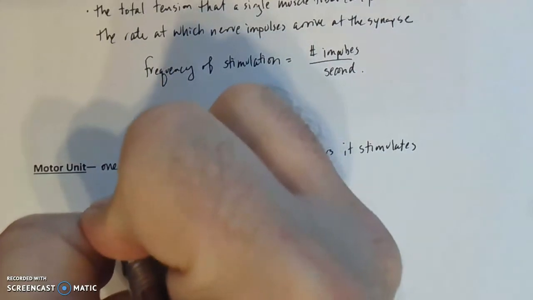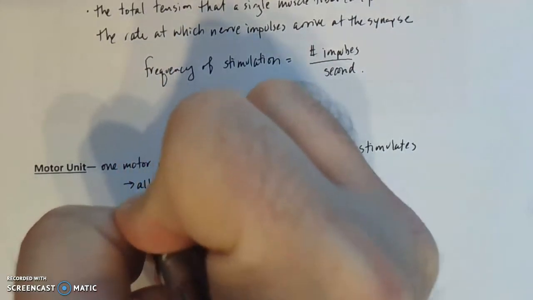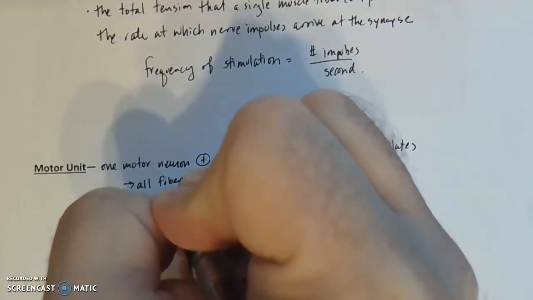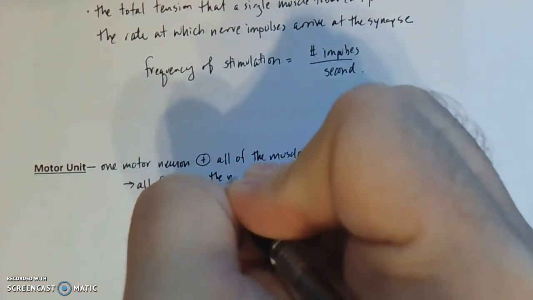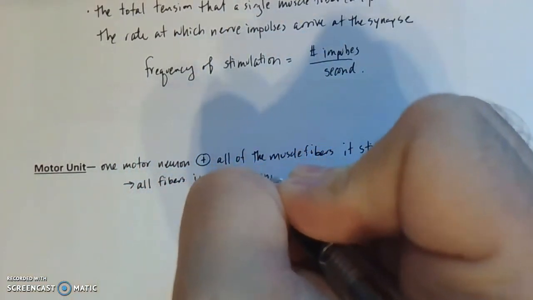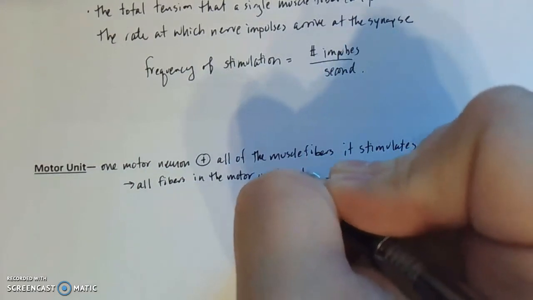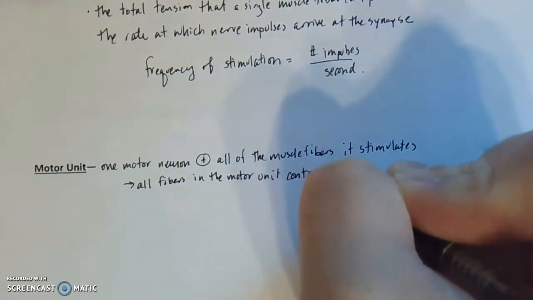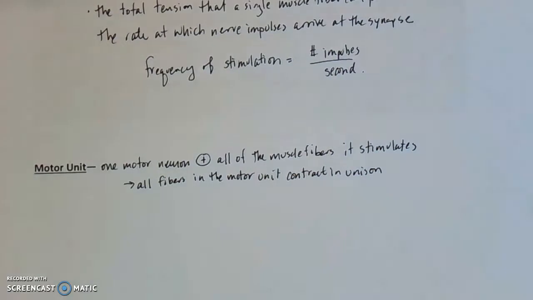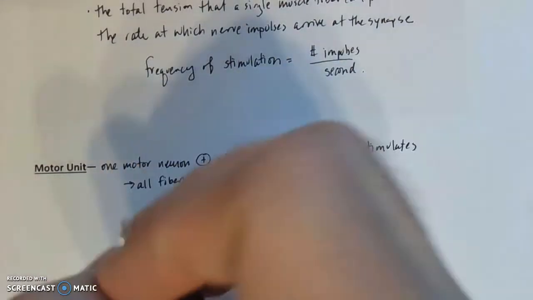But within this motor unit, all fibers in the motor unit contract in unison. And that is so the muscle can function as a unit. Even though the individual muscle fibers, the myofibrils down to the sarcomeres, are each contracting, they do it in unison, so we end up with a coordinated movement.